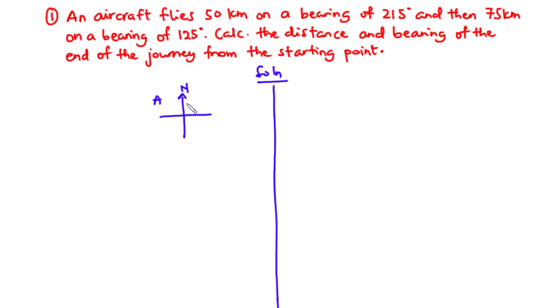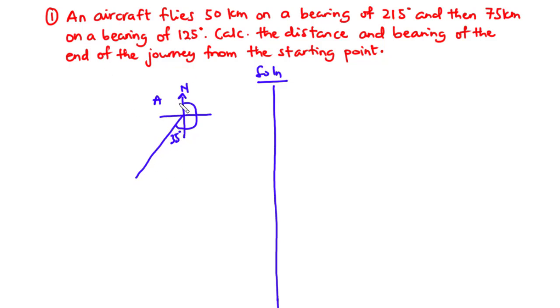So from the geographical north in the clockwise direction, this is 90 degrees, and then this is 180. Now 215 minus 180 is 35. So we have 35 degrees here.